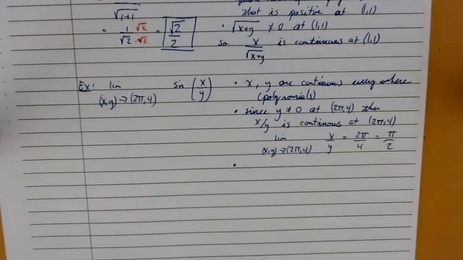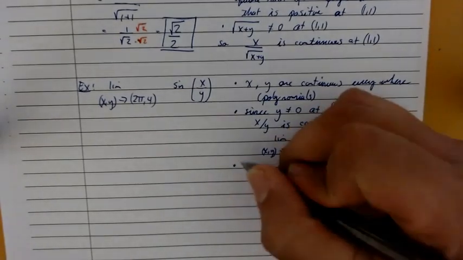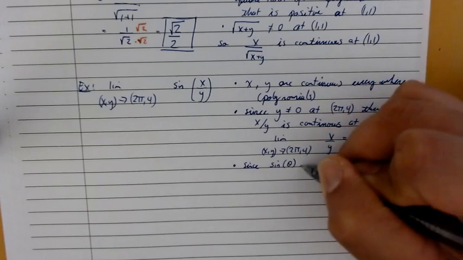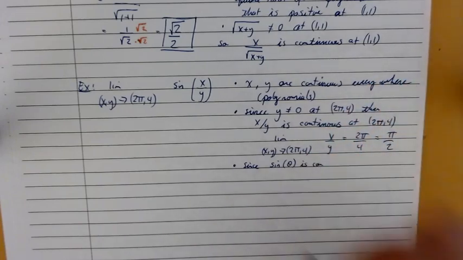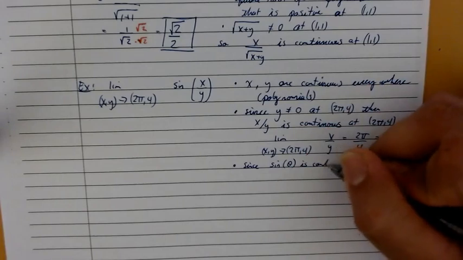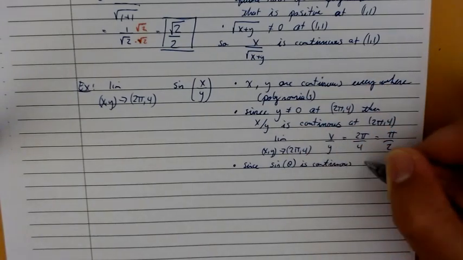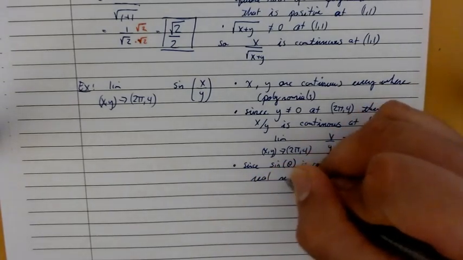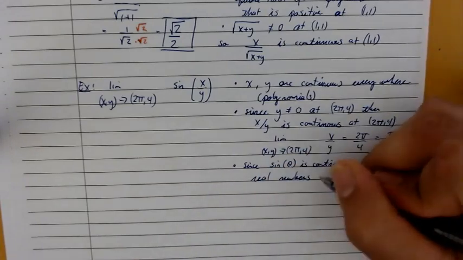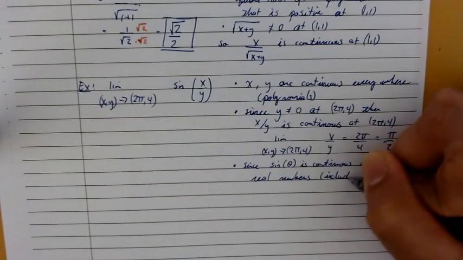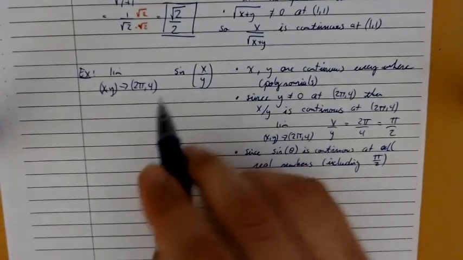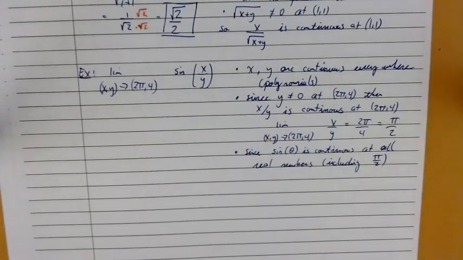Oh, but we know the sine function is continuous for all real numbers as well. We learned that in Cal 1. Since the sine of some argument is continuous for all real numbers, the domain of the sine function is all real numbers, which of course includes pi over 2, then that means that this is continuous.